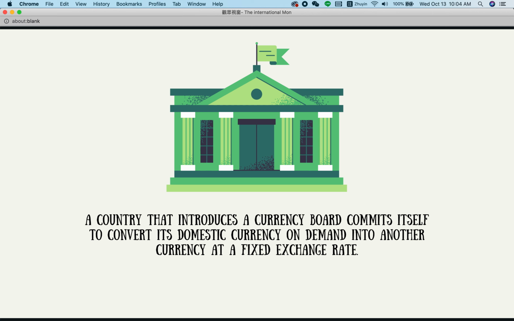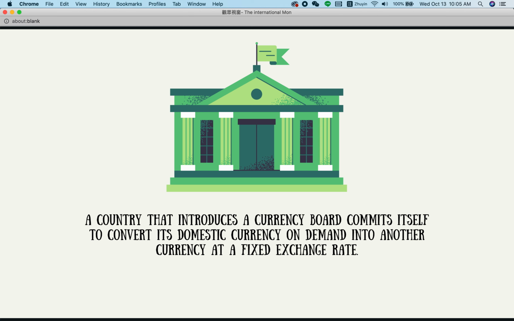The currency board can issue additional domestic notes and coins only when there are foreign exchange reserves to back them. This limits the ability of governments to print money and thereby create inflationary pressures.